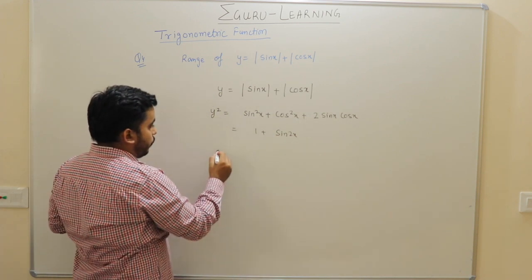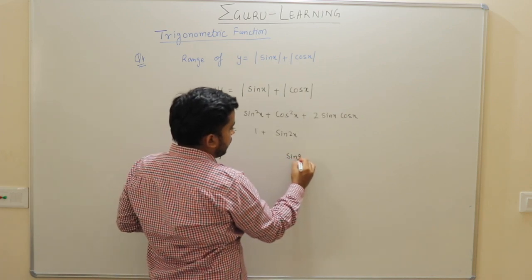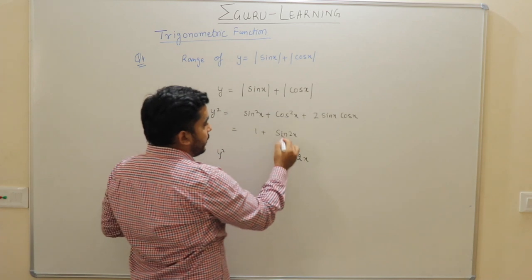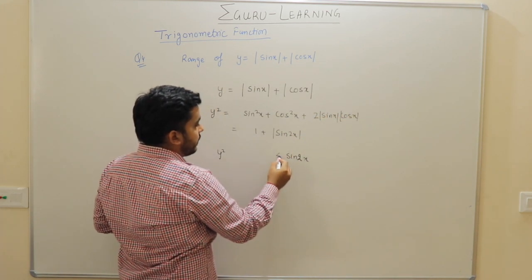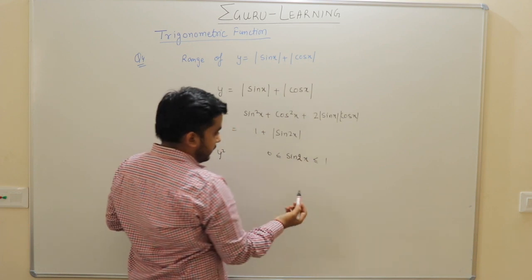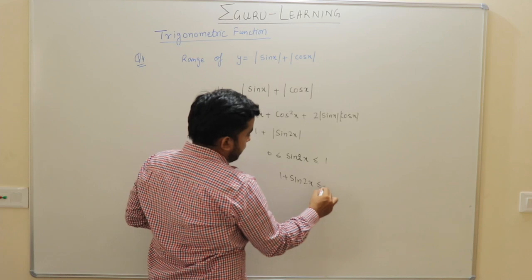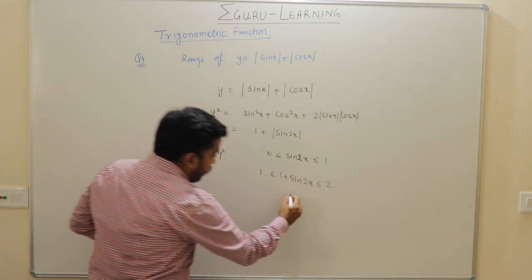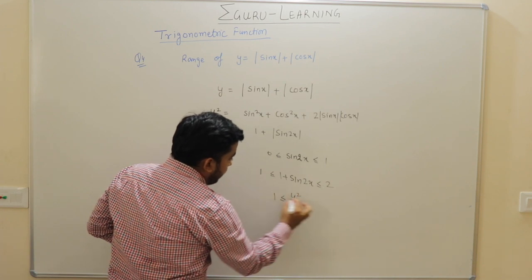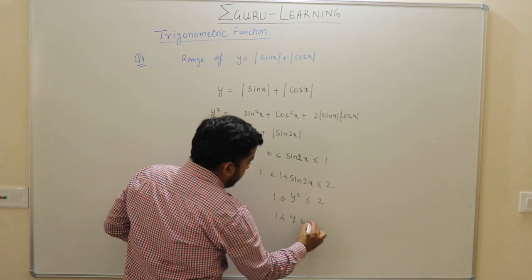Yes, so y square, because we know that mod sin 2x, since this is under the modulus, can take values from 0 to 1. Yes, and 1 plus mod sin 2x would take values from 1 to 2. That means y square will lie from 1 to 2, hence y will lie from 1 to under the root 2.